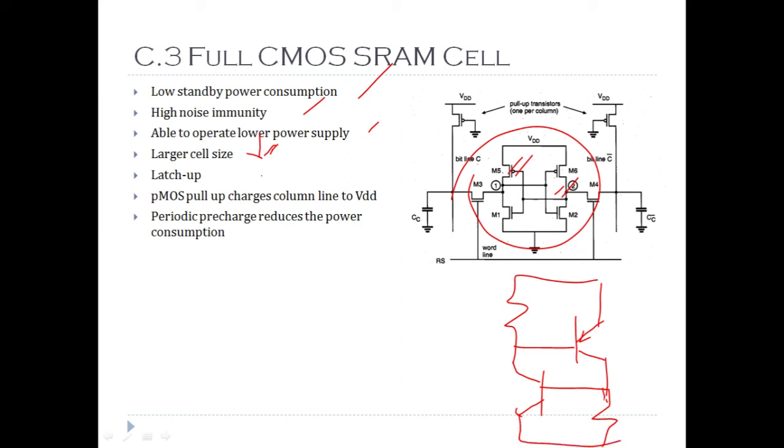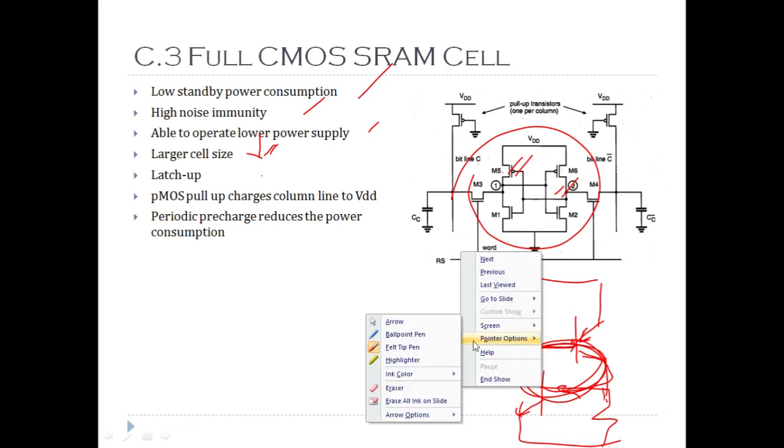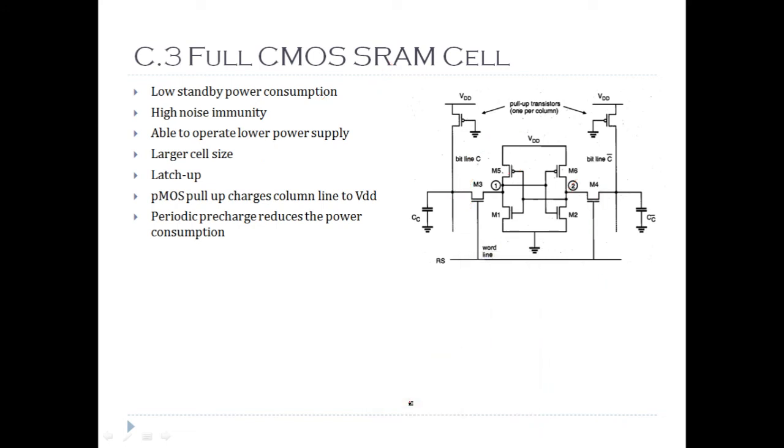So they are back to back connected, and because the collector current of this feeds to the base of this and collector current of this feeds to the base of this, the current goes on ever increasing. So it results in large power consumption, as well as it may result in catastrophic breakdown because of the very large current.